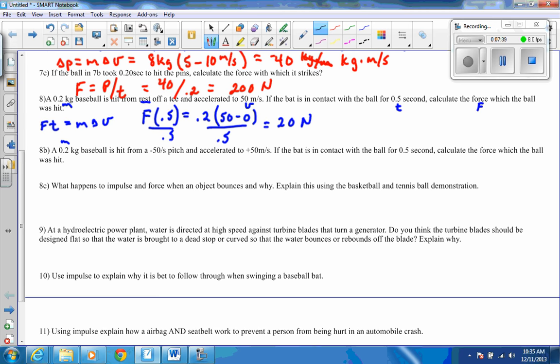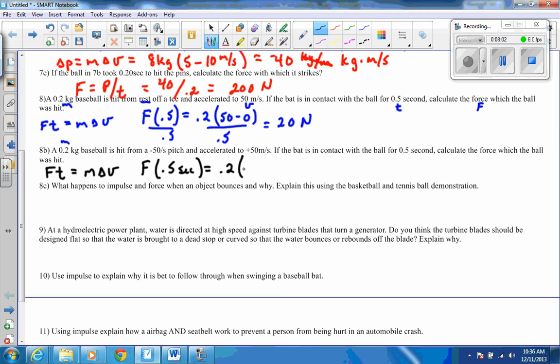So once again, I'm going to have F times T equals M delta V, because both those end up being momentum, or impulse rather. For my time, I'm going to put in 0.5 seconds. For my mass, I'm going to put in 0.2 kilograms, just like before.